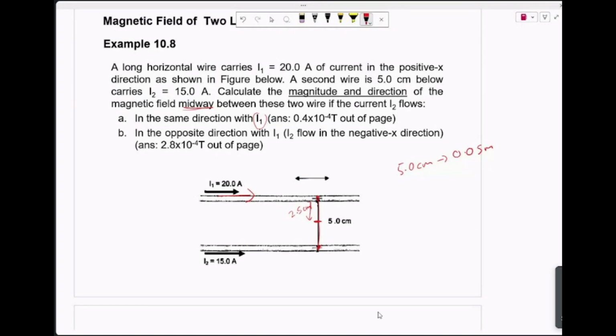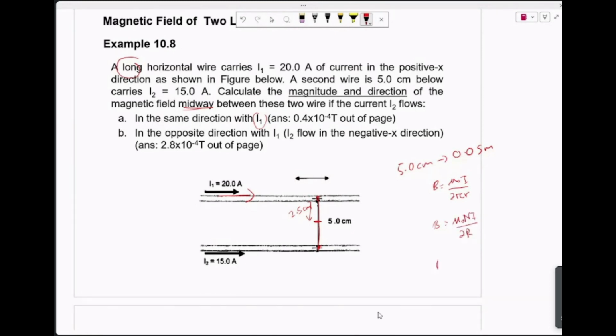Coming back to this, that is the midway. Since this is a long wire, if you refer to the equation being given to you, there are three conditions. One is for a long wire, where B equals mu naught I over 2 pi r. Another equation is for a circular wire, where B equals mu naught I over 2r.